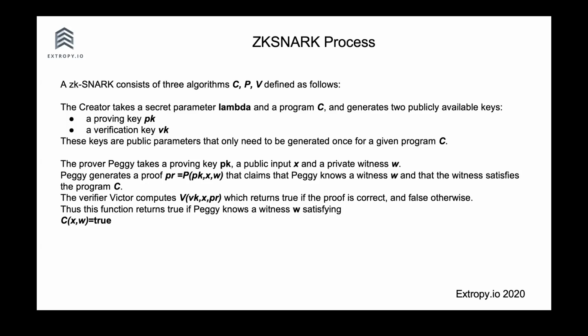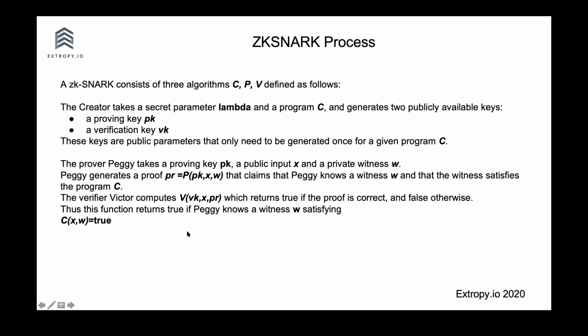But the one important thing here is that when we're creating this initially, we have this secret parameter called lambda that is used when we're creating our proving and verifying keys. Now, this is something that is needed for ZK-SNARKs, which is not necessarily needed for other types of zero-knowledge proofs. But it is a feature of ZK-SNARKs, as we shall see. And we say this is a secret parameter that is created when we create our keys for our proving system.